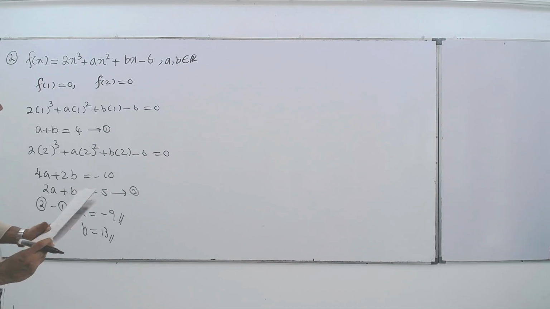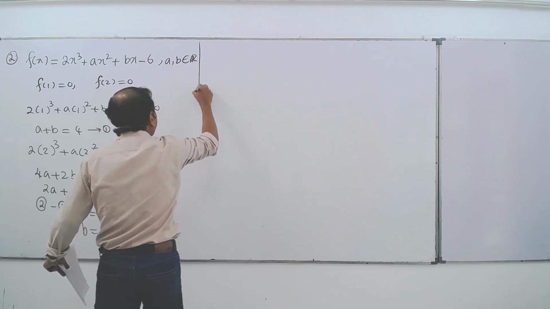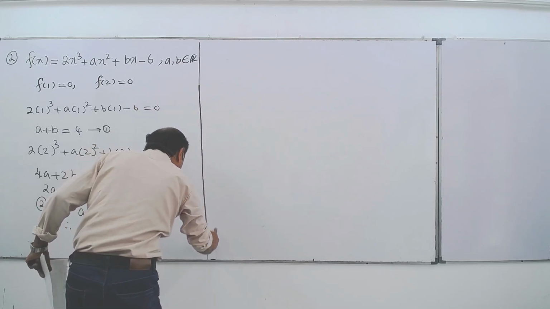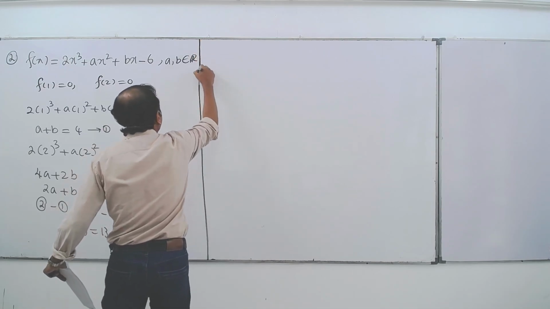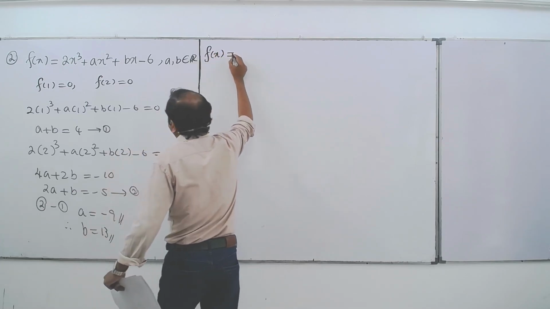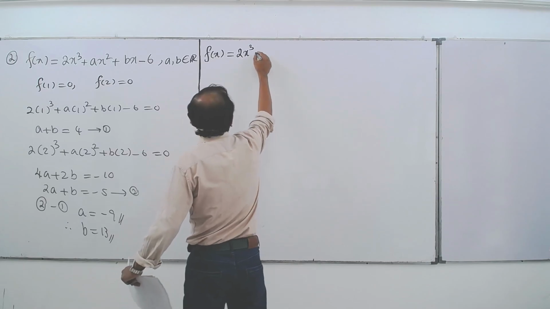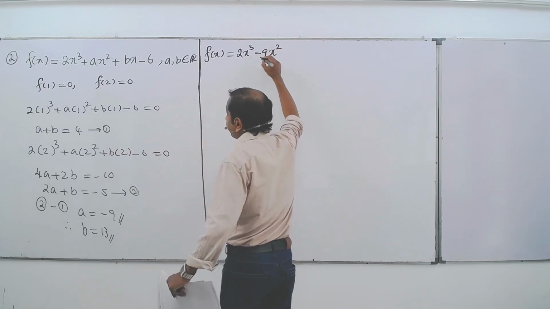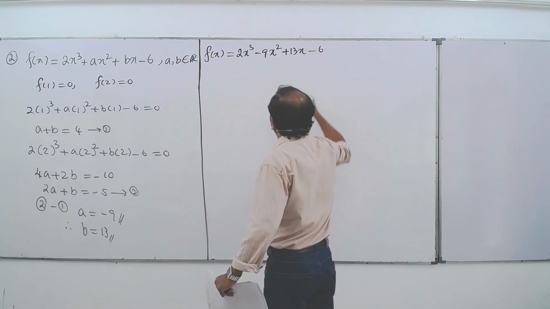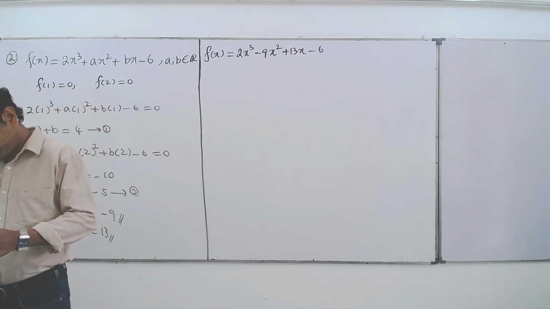Now I can substitute for a and b, and we can write f(x). f(x) is equal to 2x cubed, a is minus 9, minus 9x squared, b is 13, plus 13x minus 6. It is asking us to express this in terms of linear factors.